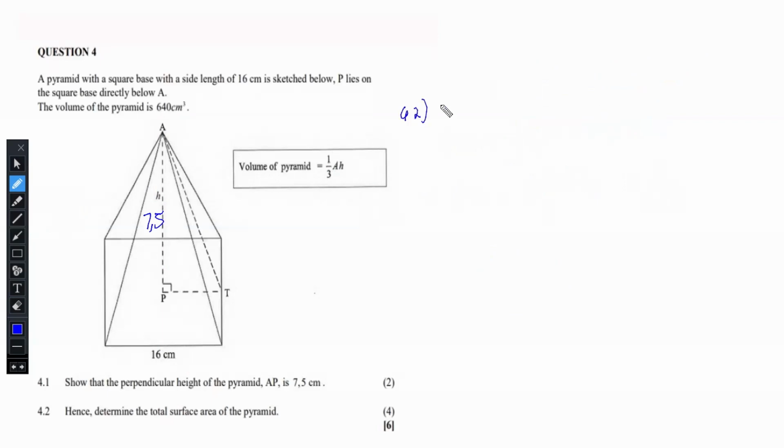So 4.2, total surface area of a pyramid, we know it to be the area of base plus 1/2 times perimeter of base multiplied by slant height. Whenever it comes to the total surface area, the one thing we must first find is the slant height.